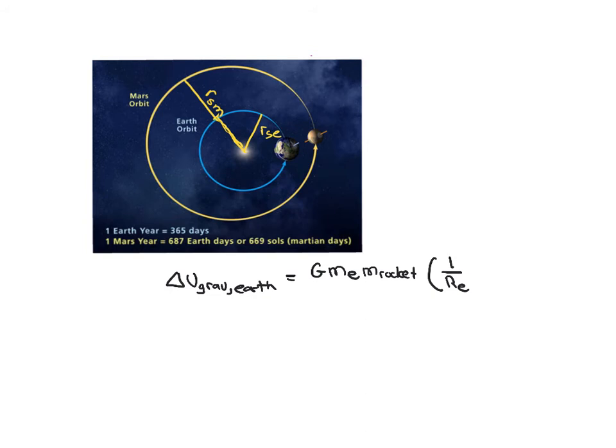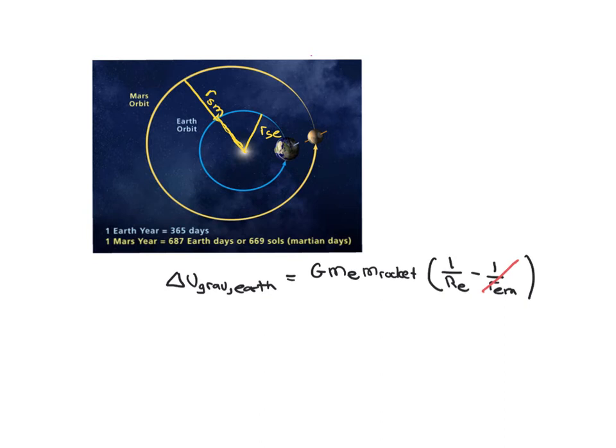And it's ending up at a distance much, much farther. The distance from the Earth to Mars is very, very large compared to the radius of the Earth. So we really don't have to worry about this term.